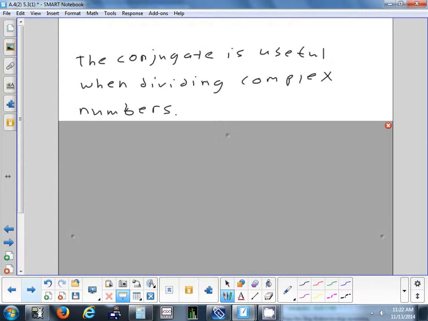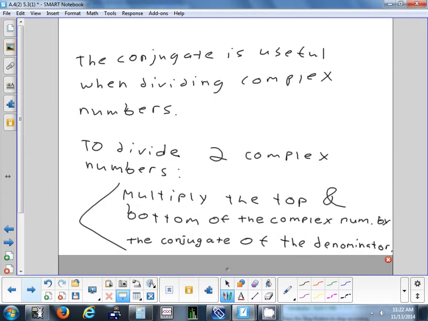All right. So now that we know about a conjugate, we can do division. If you want to divide two complex numbers, the way you do it is you change it into a multiplication problem. What you end up doing is multiplying the top and the bottom by the conjugate of what's in the bottom.